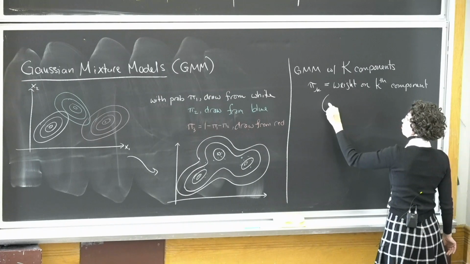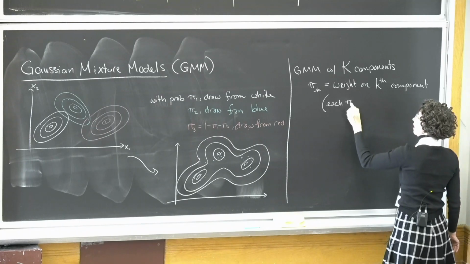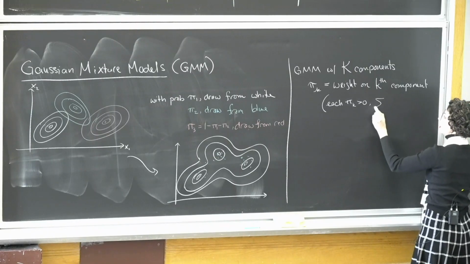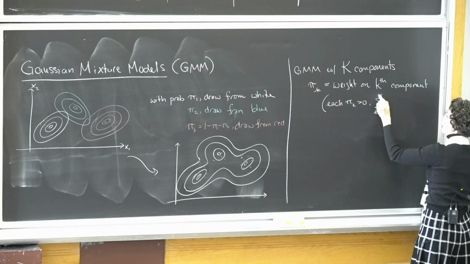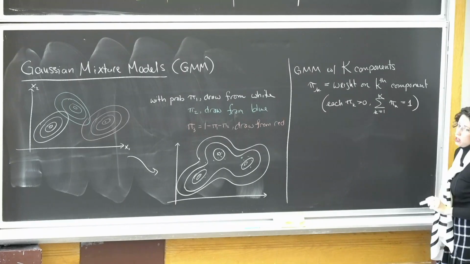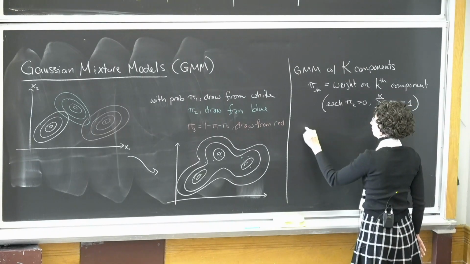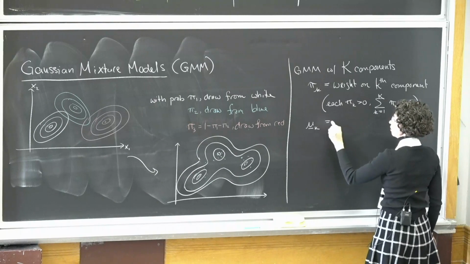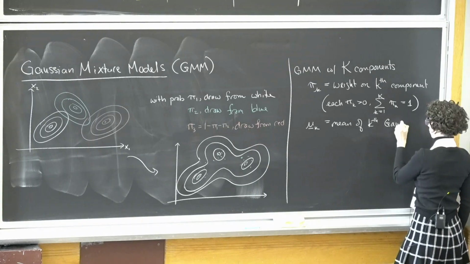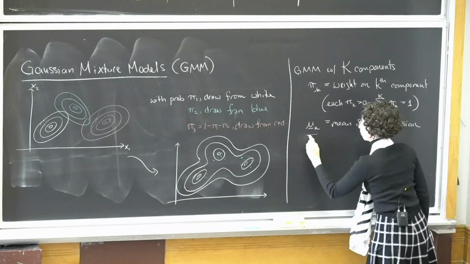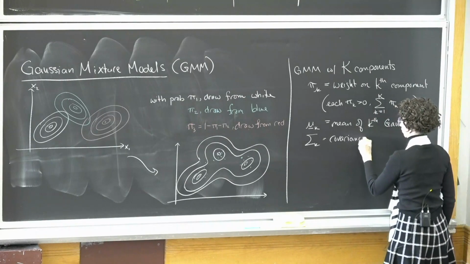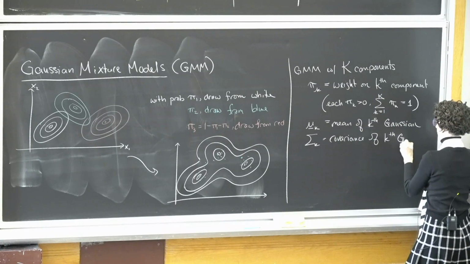And we are going to assume that each of these pi k's is a probability, so each one is greater than 0. And if I were to sum all of these pi's across all capital K components, they have to sum up to 1. We also are going to have mu k, which is equal to the mean of the kth Gaussian. And we are going to have sigma k, which is equal to the covariance of the kth Gaussian.